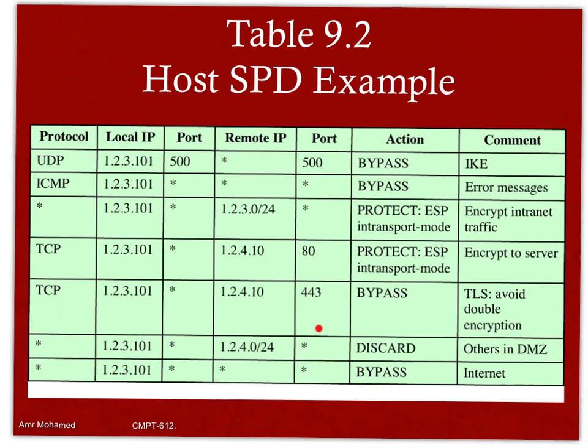This port is HTTPS, which uses TLS. Bypass. Why? As you said, if it's TLS traffic, it's already secure through TLS, so I don't have to repeat the job. If this application is already secure, I don't have to repeat the job. So bypass.